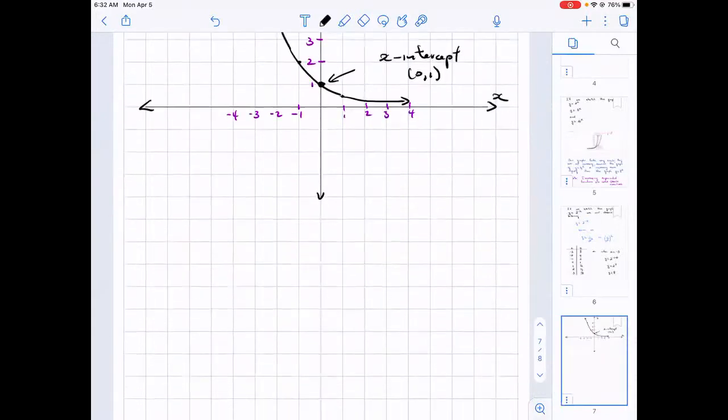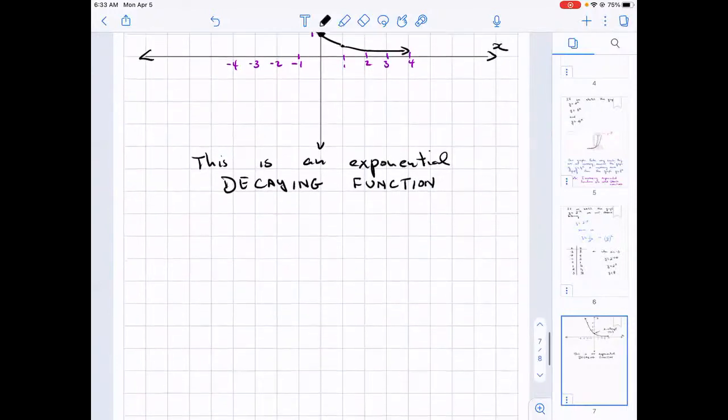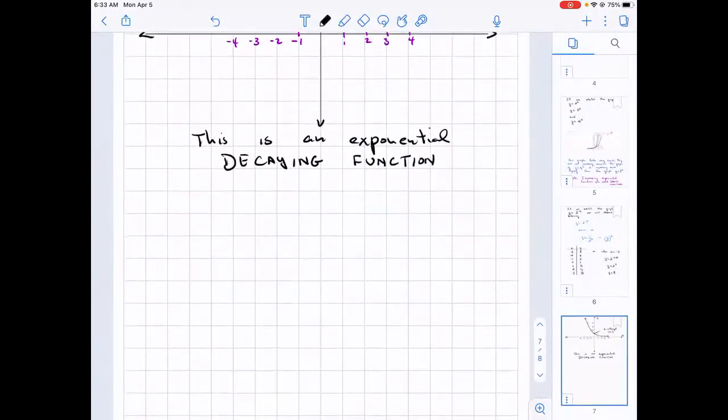And this here is an exponential decaying function. Okay? It's an exponential decaying function. As you travel from left to right, the graph moves downward. And that's the reason it's called a decaying function.